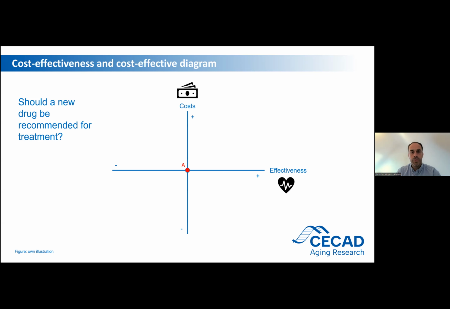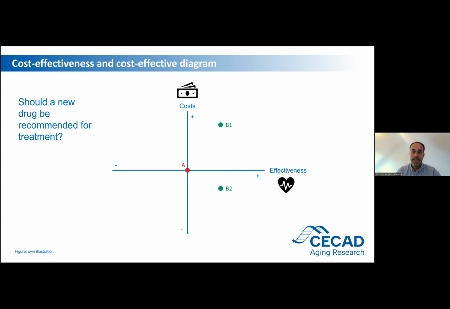We now have potential scenarios comparing drug A to B. The first scenario is B1. B1 means that drug B is more costly and more effective compared to the gold standard treatment A. The second scenario is B2.